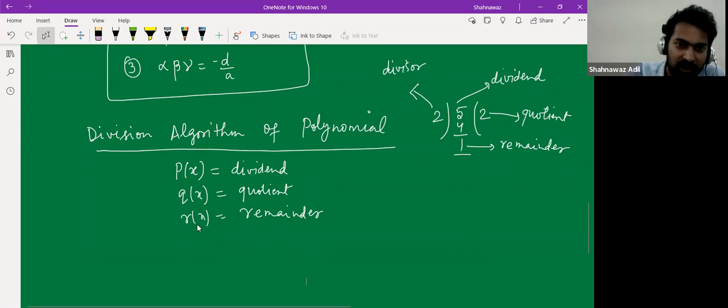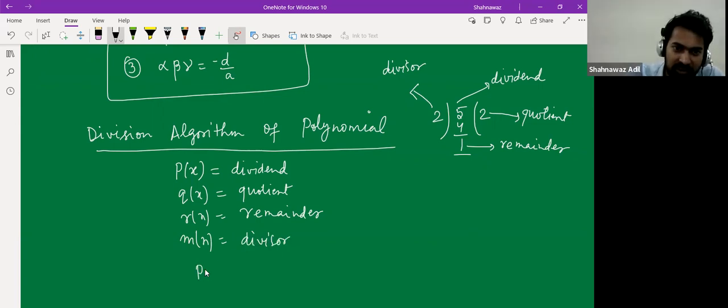Okay, so let's say this is m(x), the divisor. So what will be p(x)? This will be m(x) into q(x) plus r(x).